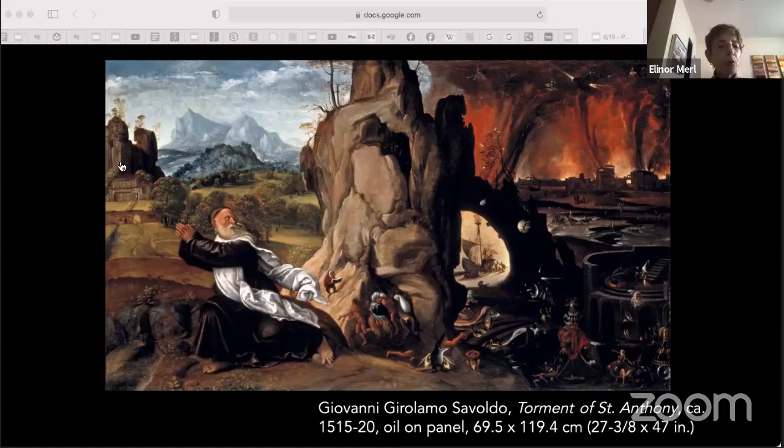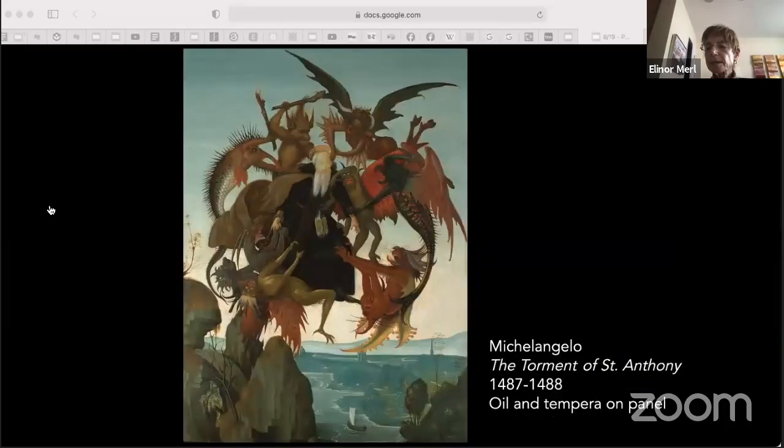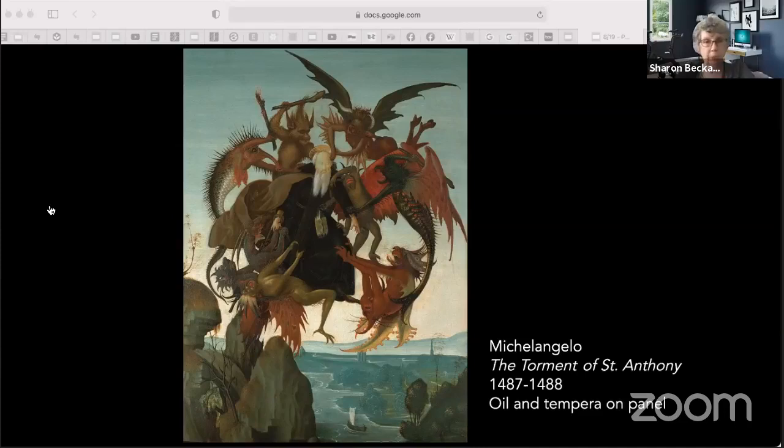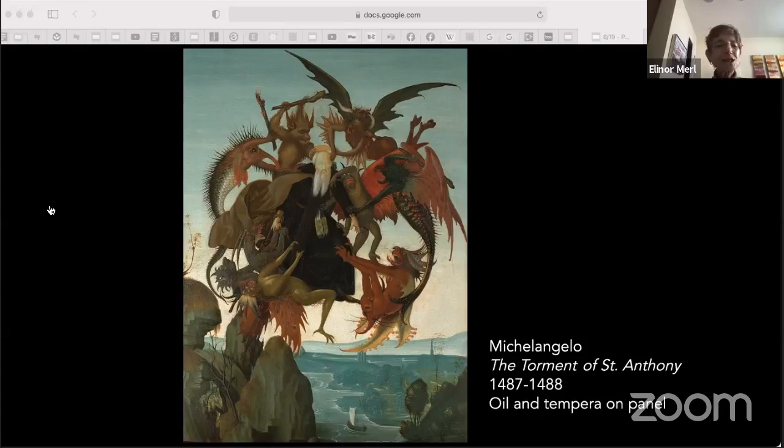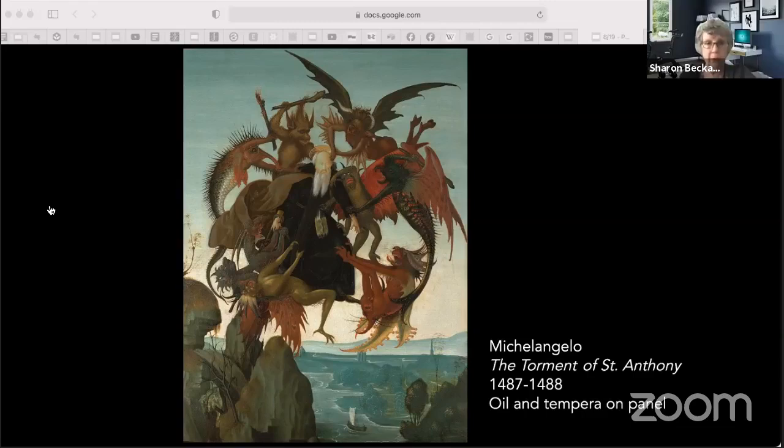Oh, this one, Michelangelo? Yes, thank you. That one was only on briefly. I really wanted to look at that. Michelangelo was just a teenager when he did this, so his superior skill was recognizable. And as I mentioned, it was more typical to show this rendition of the Torments of St. Anthony. Sure. Thank you. Quite welcome.